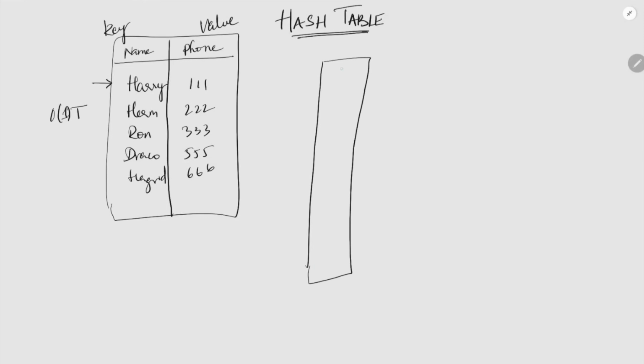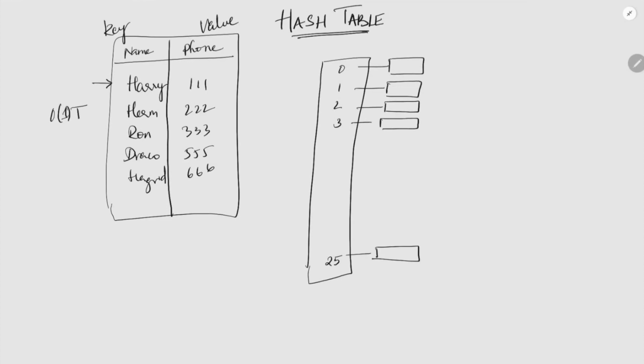And let's consider the array has 26 numbers starting from 0 all the way to 25, which gives us 26 slots. And against each number, we have a linked list stored. And initially, all these lists point to just a null value.